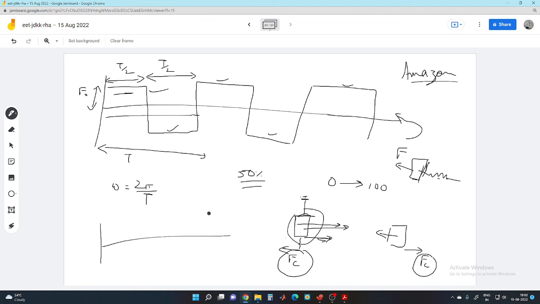So what they model it for, if it drops from a height H onto the floor, if this is height capital H, so the velocity u naught will be square root of 2gH. And when it impacts here, if we assume it is a purely plastic collision, then m u naught is basically the impulse. And if we assume elastic collision, then 2 m u naught, because after elastic collision, it will be u naught upwards. So this is the impulse.